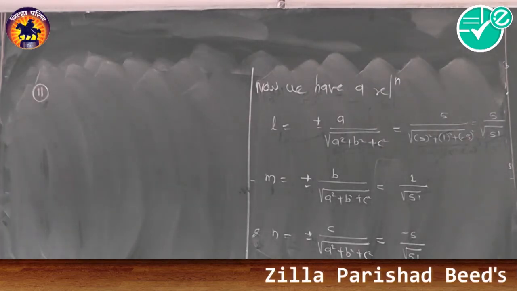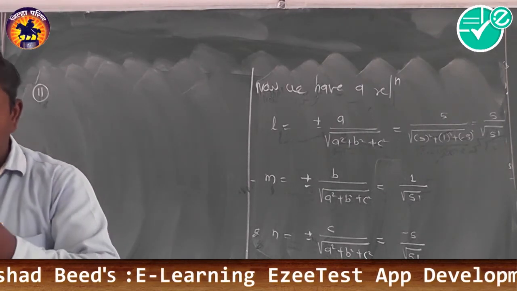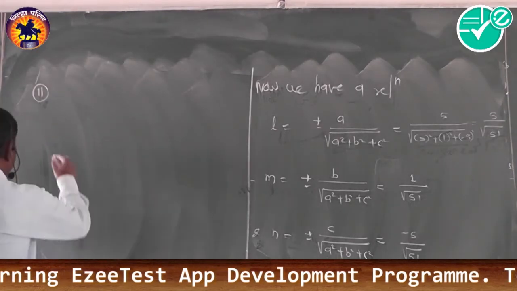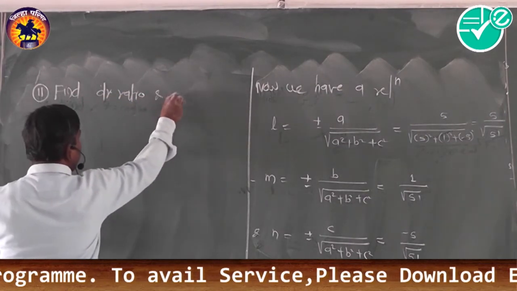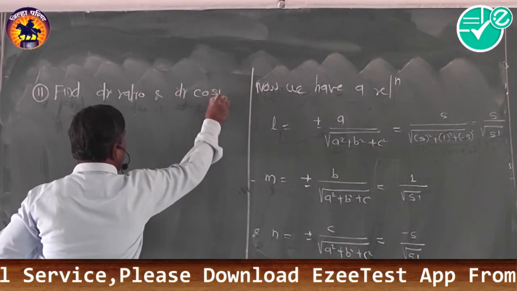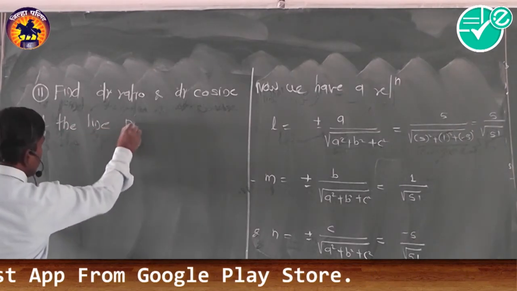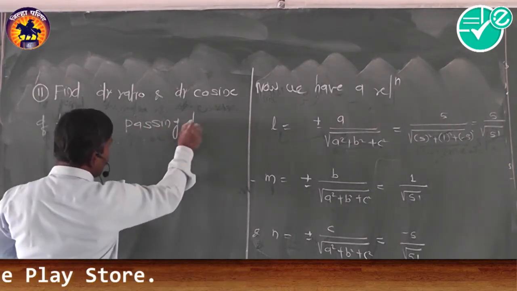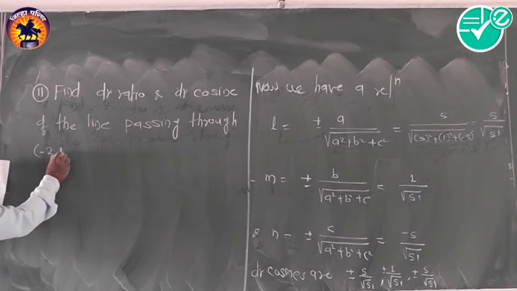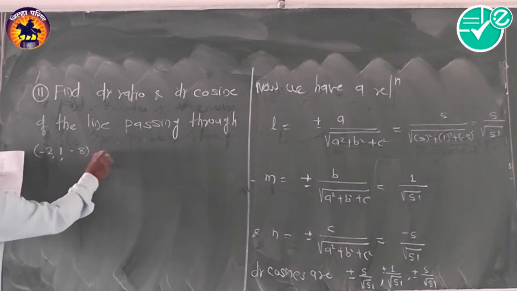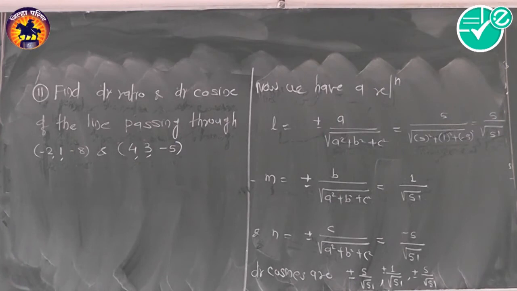Now the second example, for CET or JEE, we can treat it as a short one. Find the direction ratios and direction cosines of the line passing through (-2, 1, -8) and (4, 3, -5).